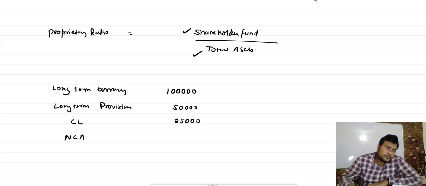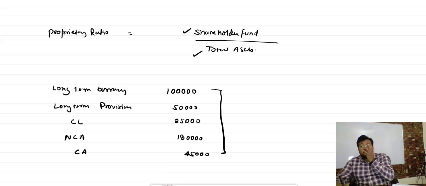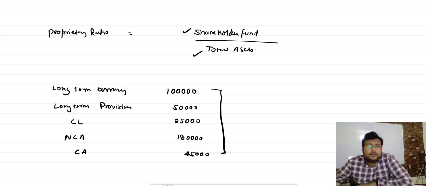Non-current assets is given 1,80,000 and current assets is given 45,000. As you can see here, long-term borrowing is 1 lakh, long-term provision is 50,000, current liability 25,000, non-current assets 1,80,000, current assets 45,000.